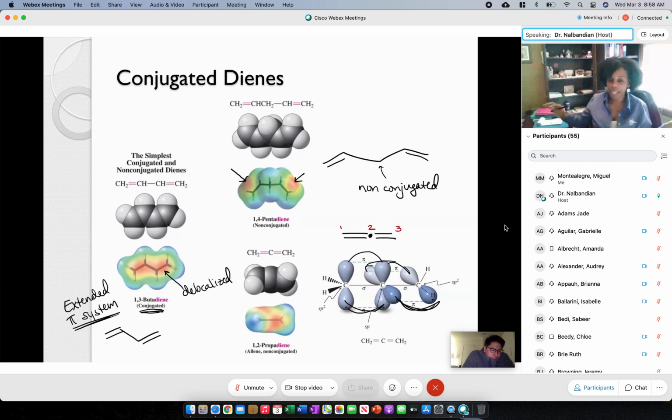We don't delocalize that electron density. We know that delocalizing makes something more stable. So we're going to talk a lot about conjugated and non-conjugated double bonds. You don't really see the allene very often, but it's also non-conjugated.